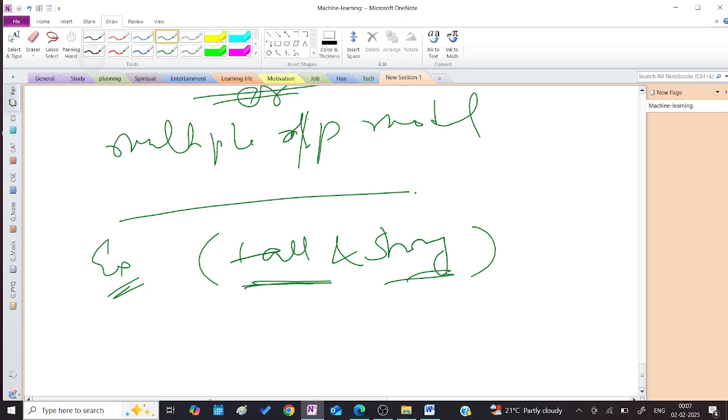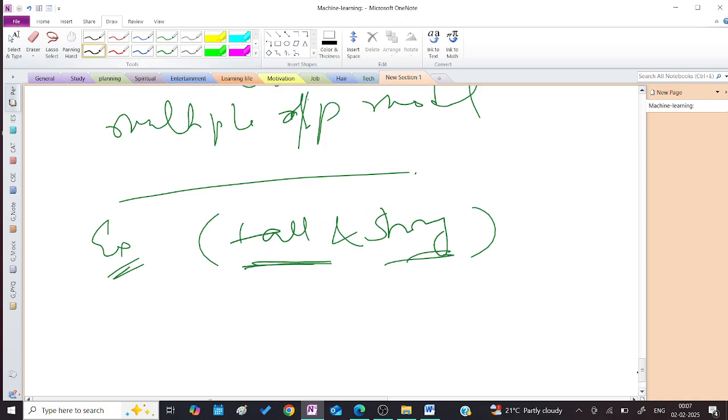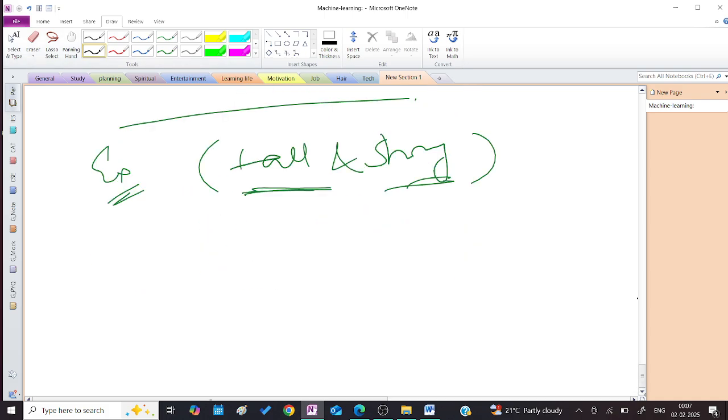So in supervised learning, we are just trying to find the mapping, and our goal is to estimate f.